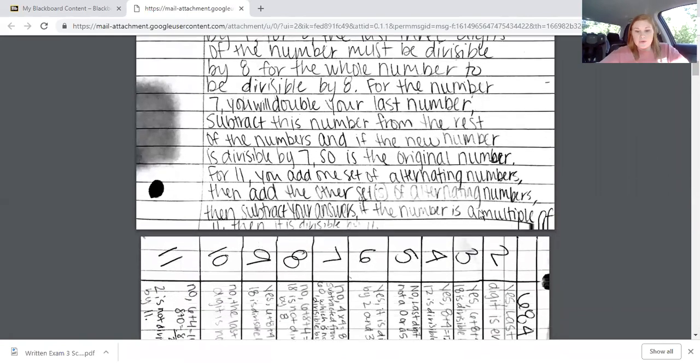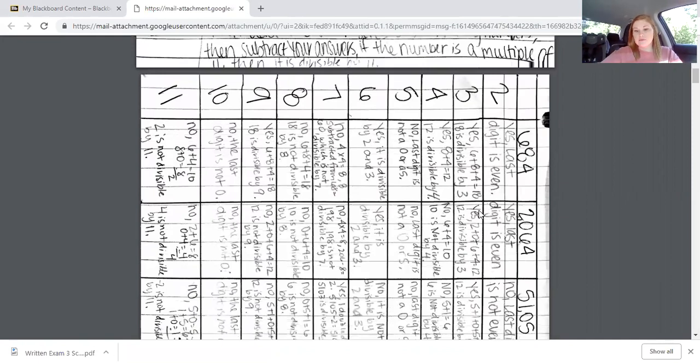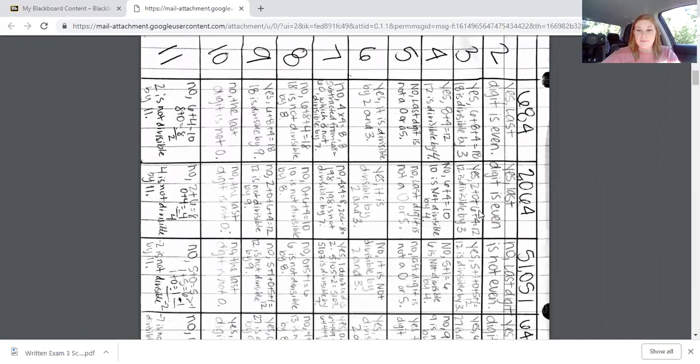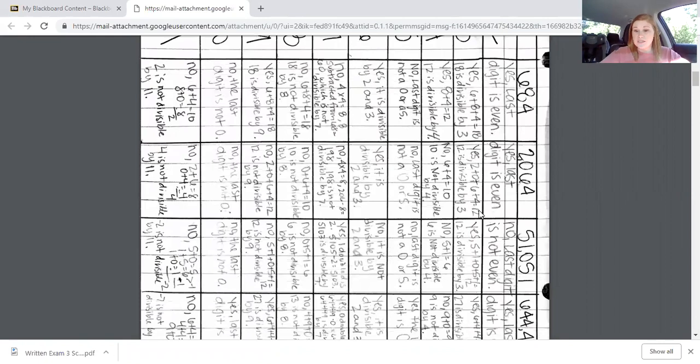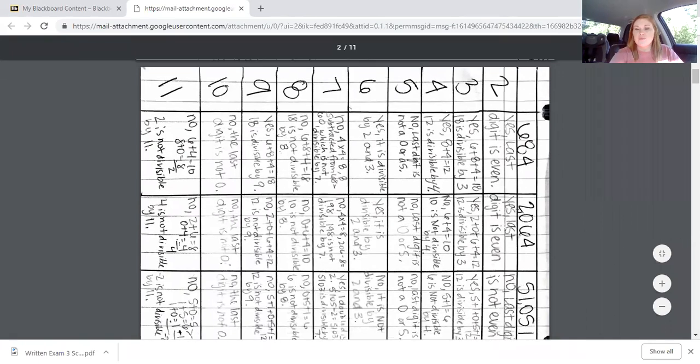11. So here is a chart worked out for you, and I know that it is sideways here. I made a very large chart so it was easier to read. So if you see here, I have the numbers listed, the 684, 2064, and so on. And then there are also the numbers listed here, 2, 3, 4, 5, 6, 7, 8, 9, 10, and 11.